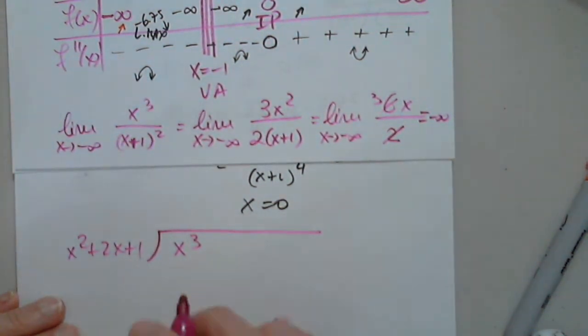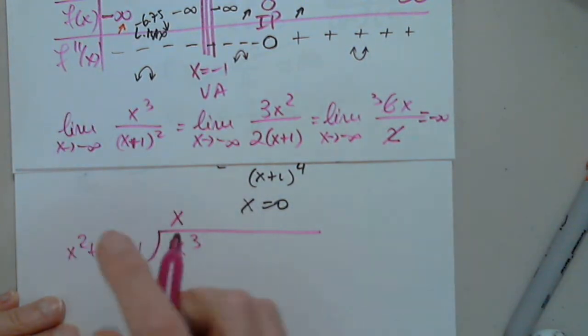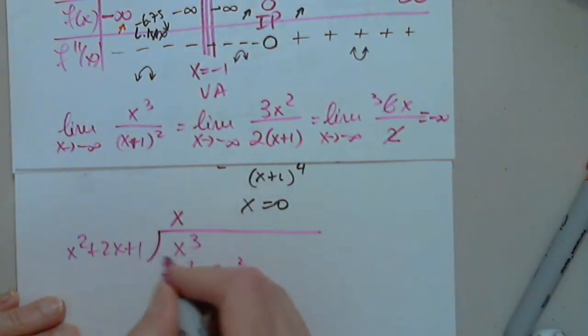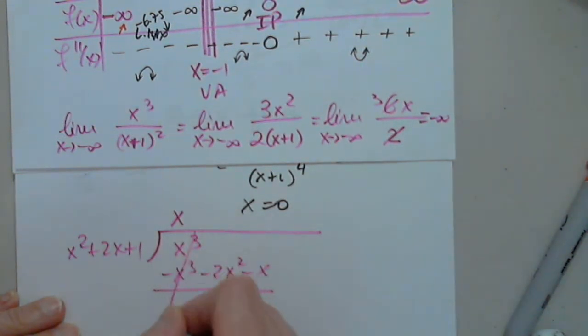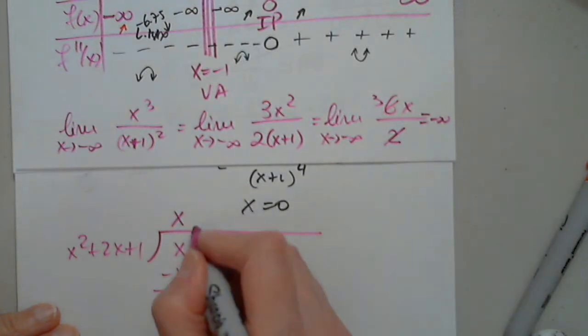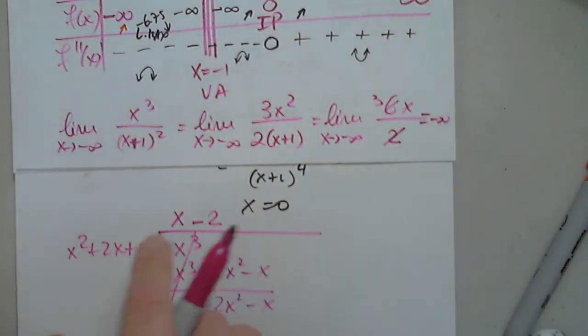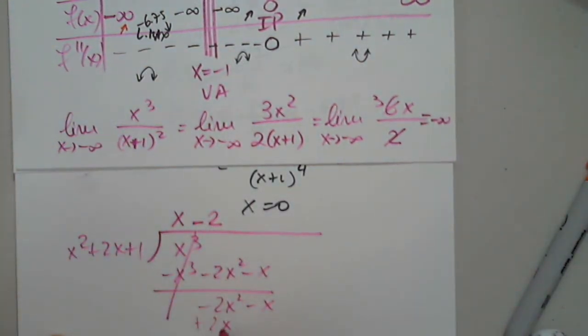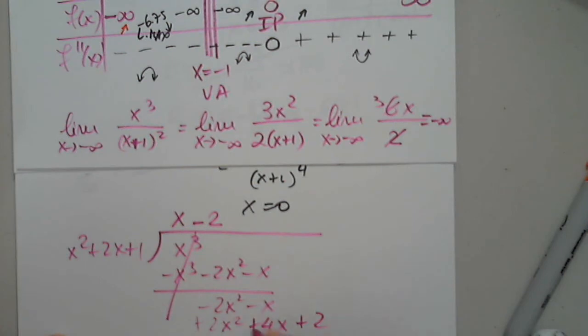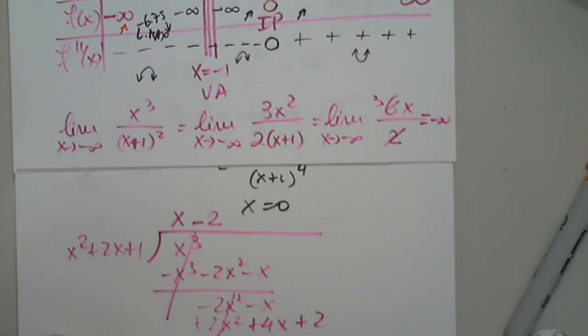x squared times what is x cubed? x. Go back. Negative x cubed, negative 2x squared, and minus x. Negative 2x squared minus x, and this is negative 2. Negative 2x squared, positive 2x squared. Negative 4x, positive 4x. Negative 2, positive 2. So this is 3x plus 2.